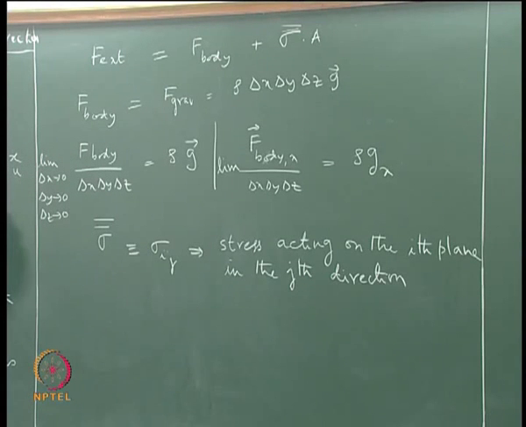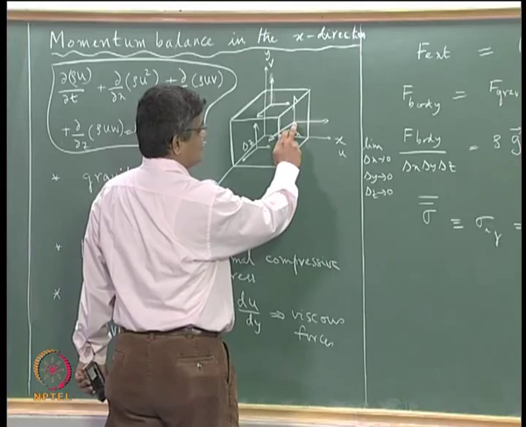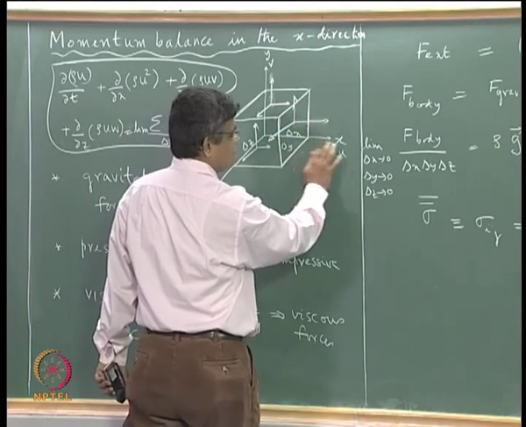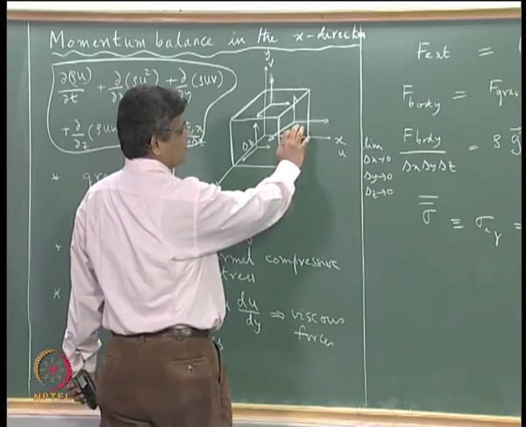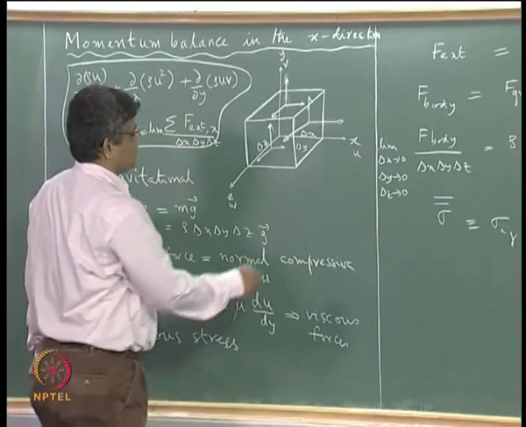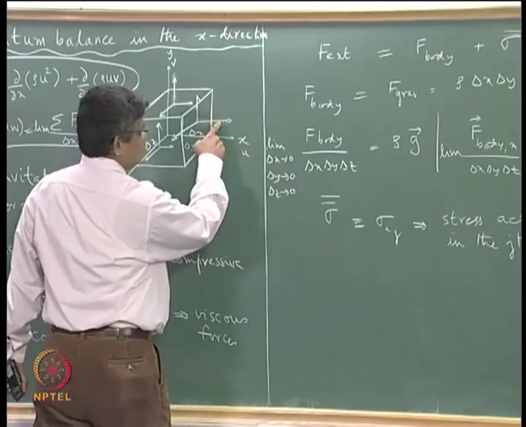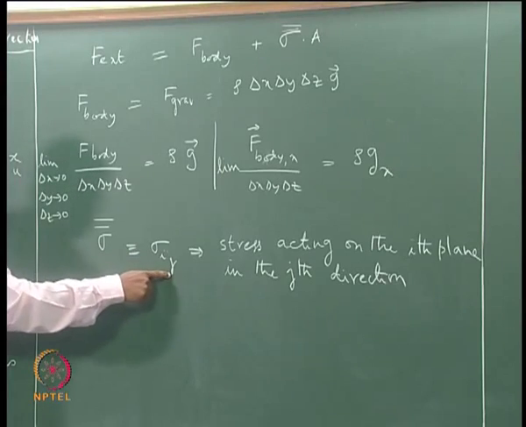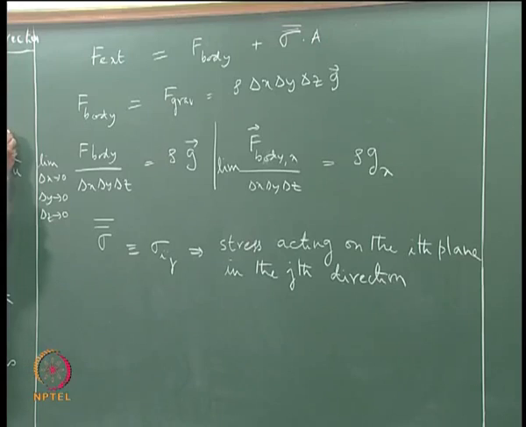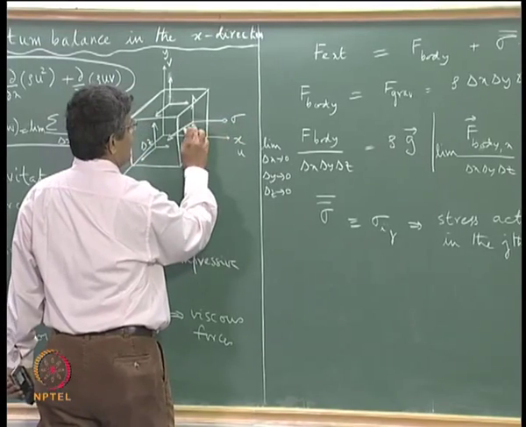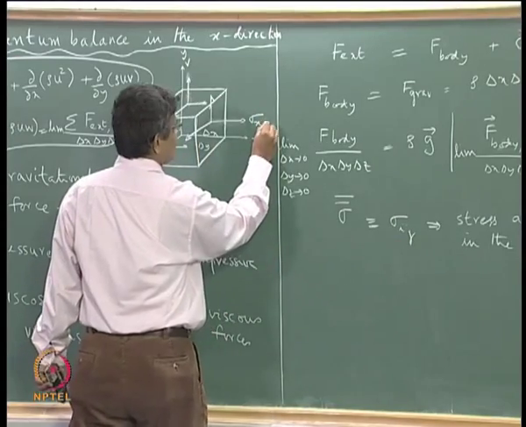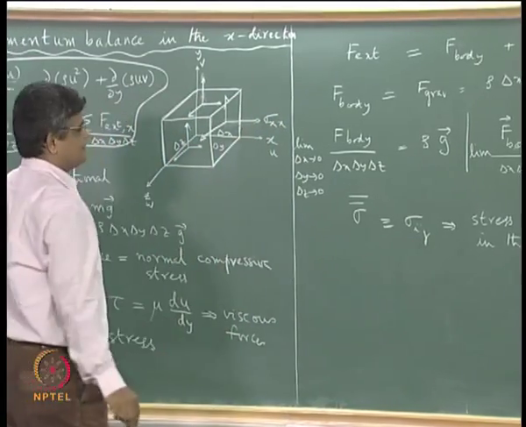Because the outward normal vector is aligned in the positive x direction, that is a positive x face. So this stress here is aligned in the x direction, so j here is x. When we talk about this sigma here, i is x and j is also x because this particular component is acting in the x direction.